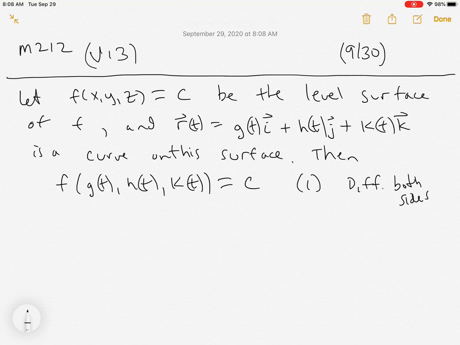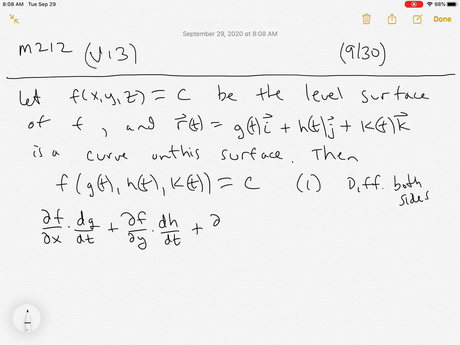So it's df dx partial times dg dt ordinary, plus df dy partial times dh dt ordinary, plus df dz partial times dk dt ordinary, and the derivative of c is just 0.